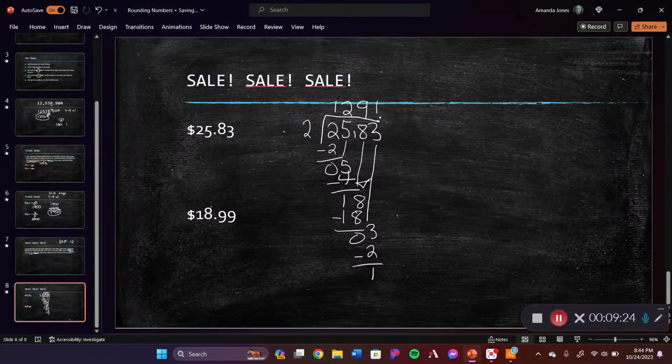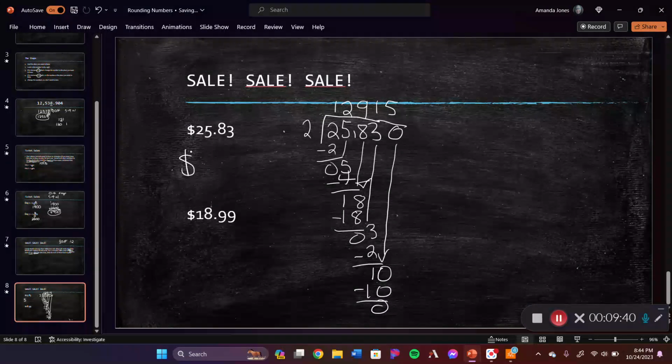Oh, I still have something here, so don't forget, you just tack on a 0, bring down zeros, because you can always add on zeros to a number after the decimal. 2 goes into 10 5 times. Okay, so after the discount, they have to pay, oh, and don't forget, your decimal just goes right up. 1291.5.